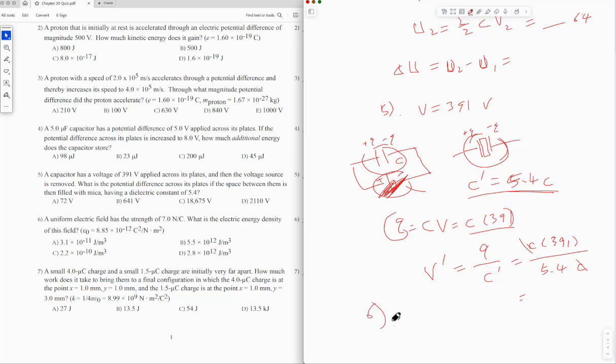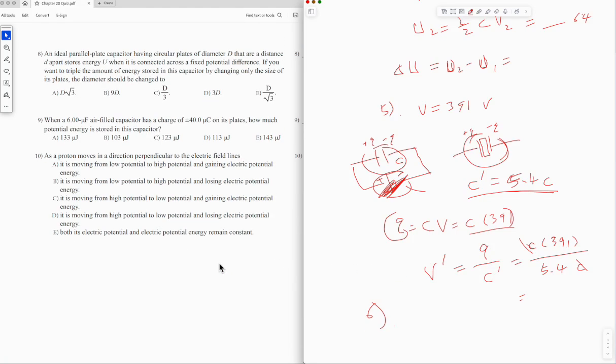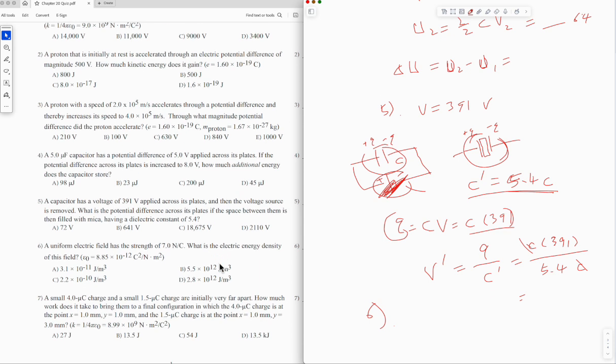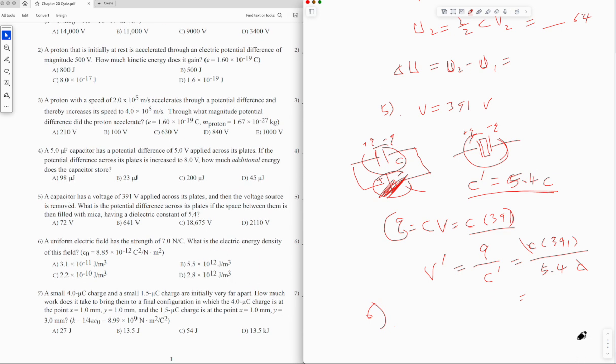All right, number 6. A uniform electric field has strength E equal to 7.0 newtons per coulomb. What is the electric energy density?